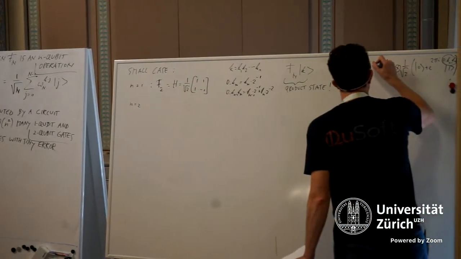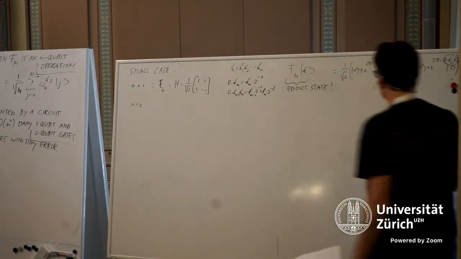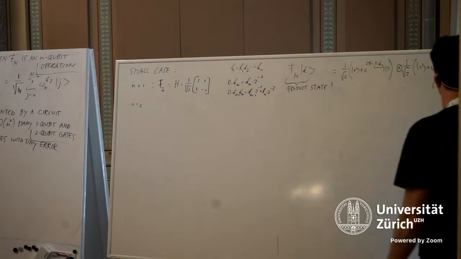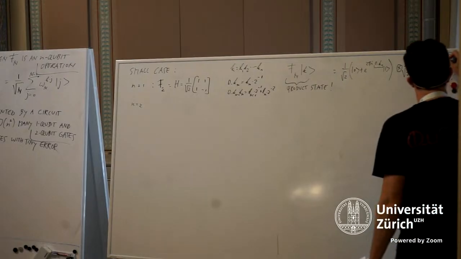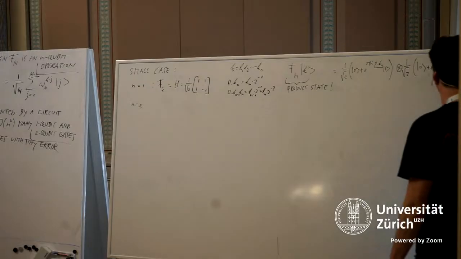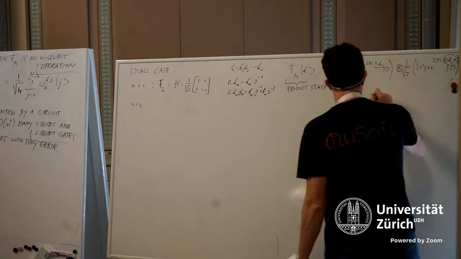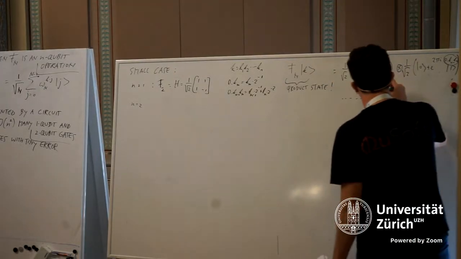The point is that this number here, which is either 0 or a half, only depends on the last bit of k. And this number here, which is either 0 or a quarter or a half or 3/4, only depends on the last 2 bits of k. And it goes on all the way until the last qubit, which depends on all of the bits of k.